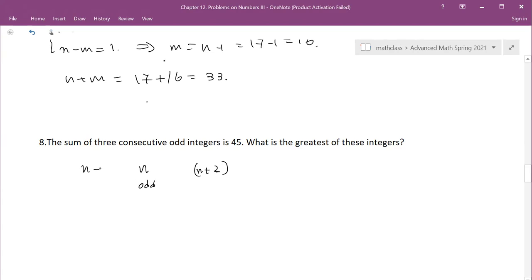Add the three consecutive numbers together and you get 3n, which is 45. So n equals 45 divided by 3, which equals 15. So n plus 2 is going to be 17. This is the greatest of these integers.